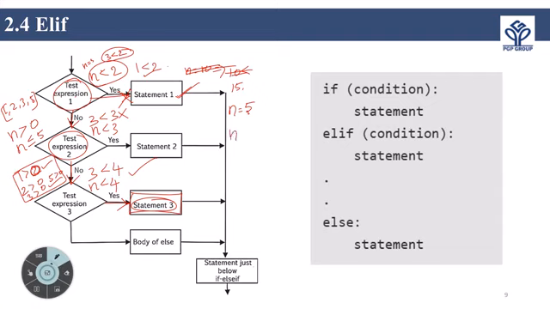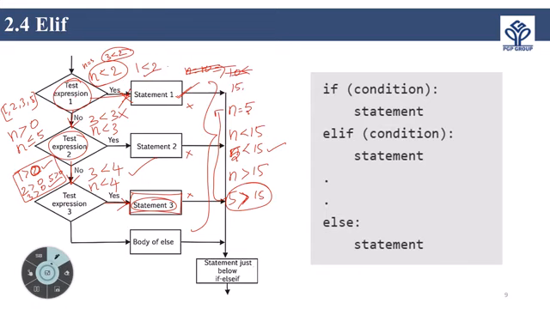So n is less than 15, that is 5 less than 15. This is true. Suppose n is greater than 15, if 5 greater than 15. The particular condition is not matched to anything. So automatically it comes to this place, the body of else is executed, and then the statement below the if else.